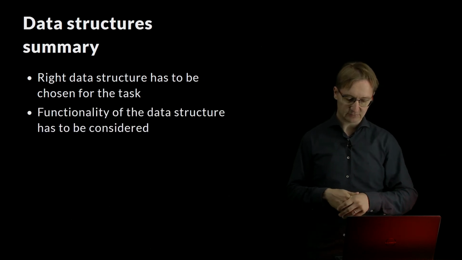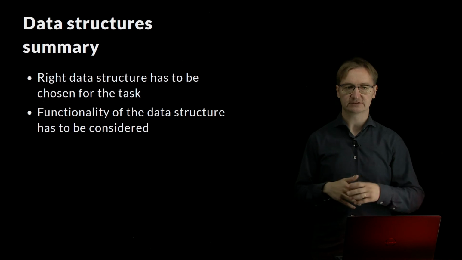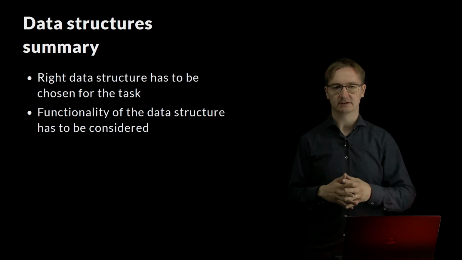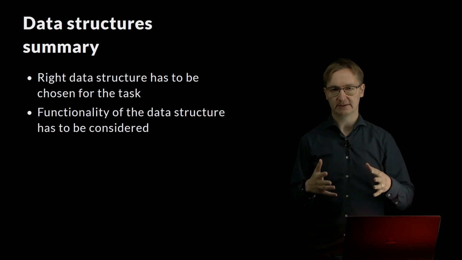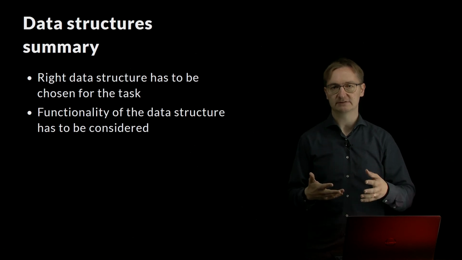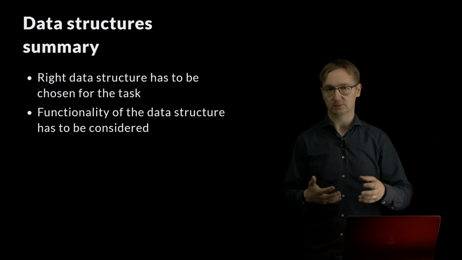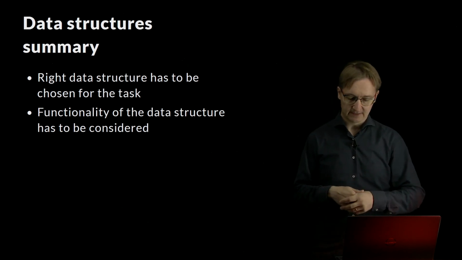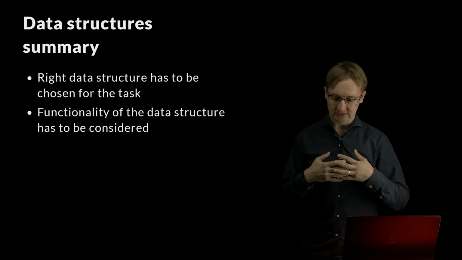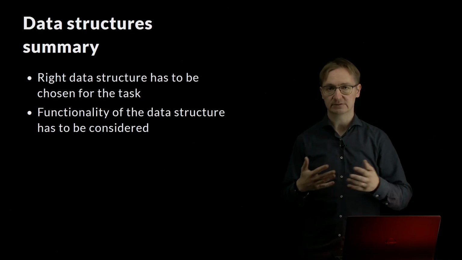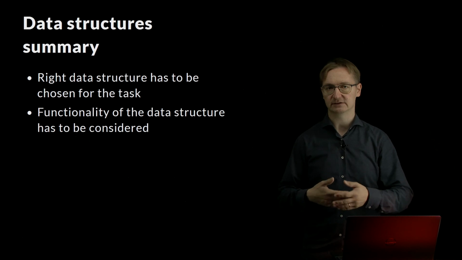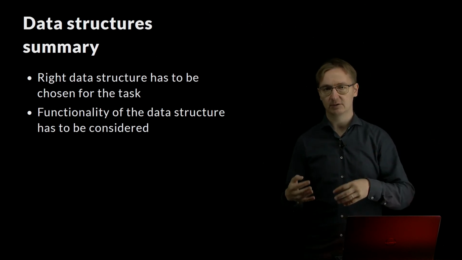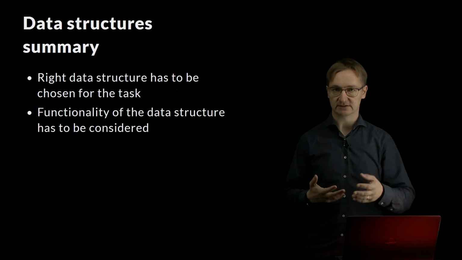You also have to consider the functionality. For example, if we want to append or add new elements, then we can say that a tuple is not the way to go because a tuple doesn't allow adding elements. If we want to have duplicate elements inside our sequence, then we cannot use a set because a set doesn't allow duplicate elements. Vice versa, if we want to have only unique elements, then a set is the way to go, and so on.